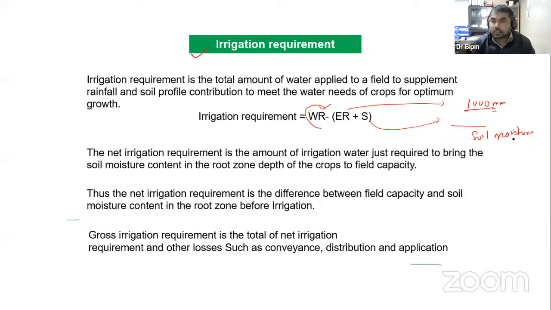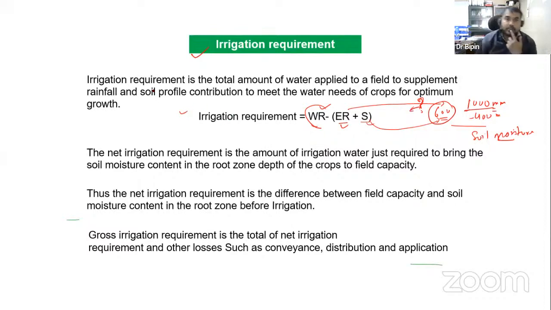The fraction of the water contributed by effective rainfall and soil moisture storage, we have to deduct. Suppose we got 400 mm from these two sources. Apart from that, 600 is our deficit, meaning we now have a deficiency of 600 mm. So this would become the part of our irrigation requirement.